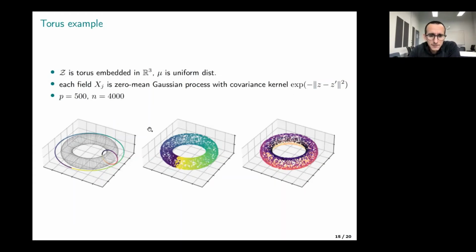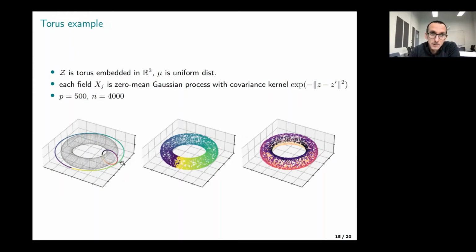And all that I've done here is that these points are 4,000 points sampled from the torus. It's the same 4,000 points here and the same 4,000 points here, but I've colored them differently. Here I've just colored them according to their angle with respect to this circle, and here I've colored the points in terms of their angle with respect to this circle.